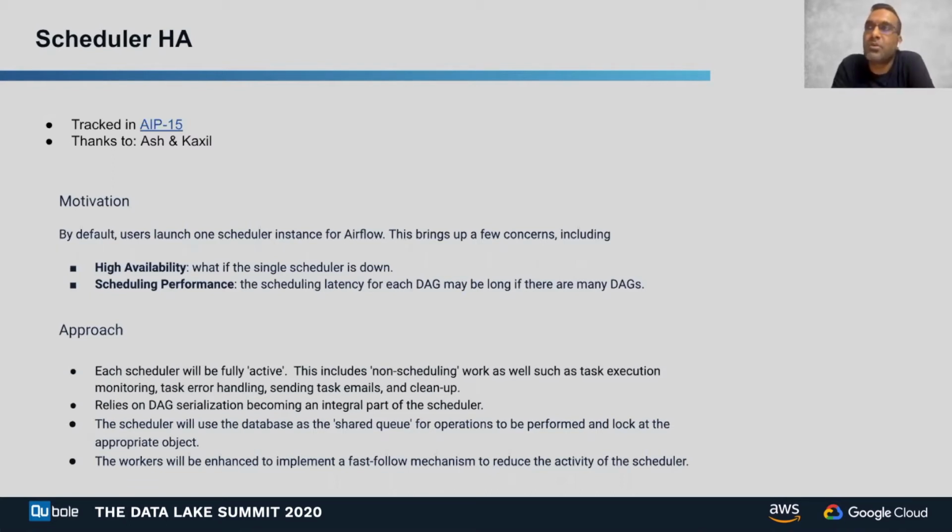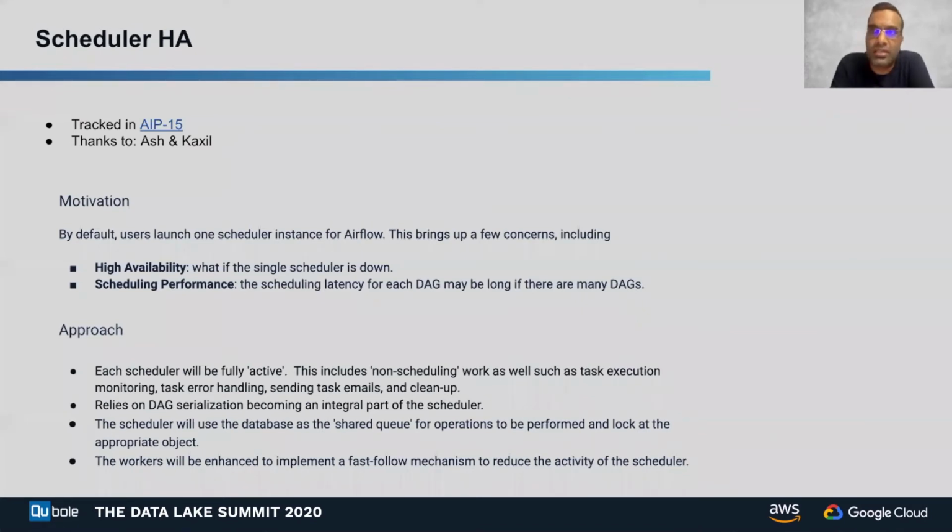Another approach is about master and worker type of architecture, where I think it's more about active and passive architecture, where one scheduler will become active and the other one will be sitting idle, and it will take over if the first one goes down. But it won't solve the performance issue.